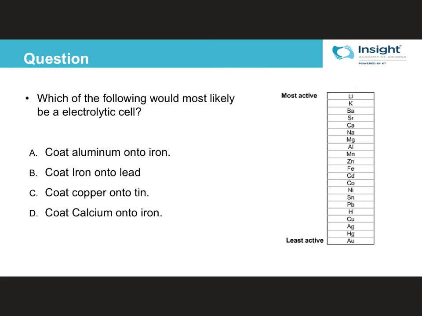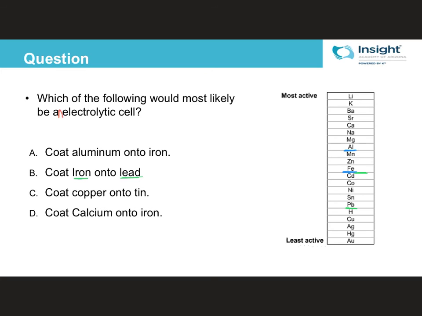Which of the following would most likely be an electrolytic cell? Let's look at this. We've got aluminum coating on iron. Aluminum, iron. And then iron onto lead.